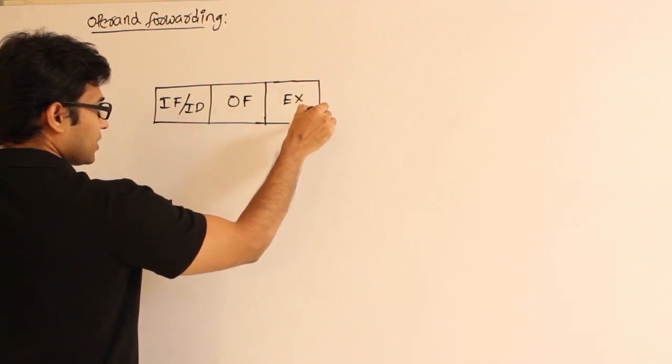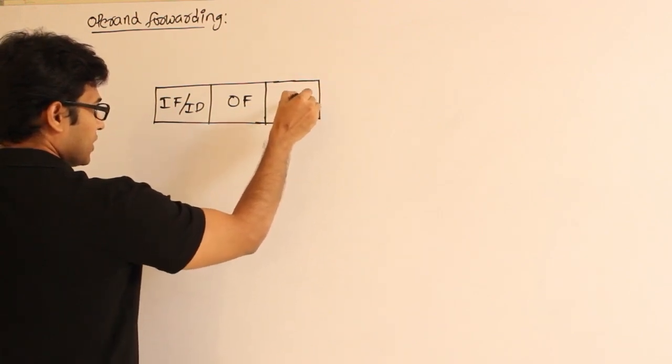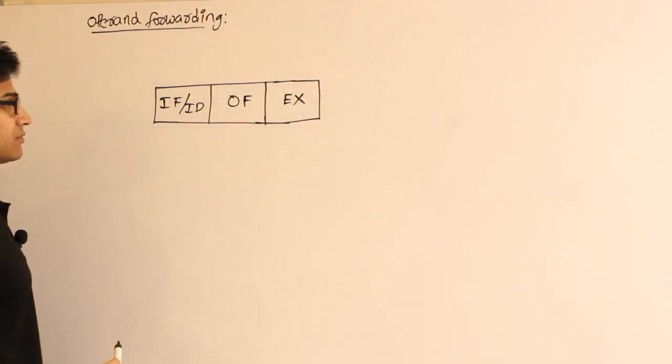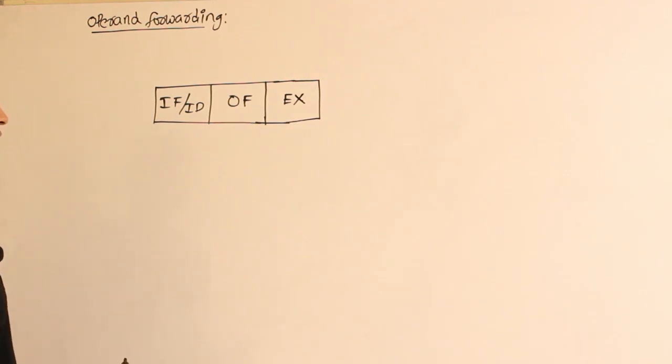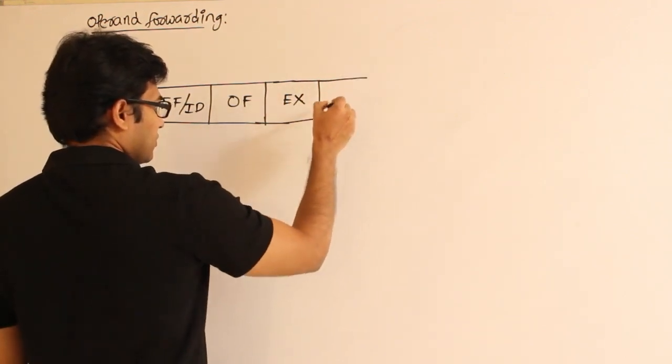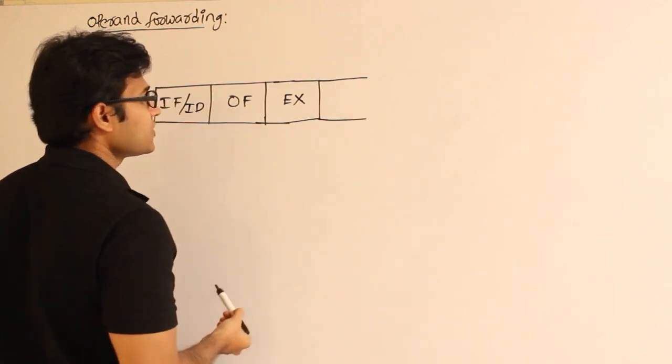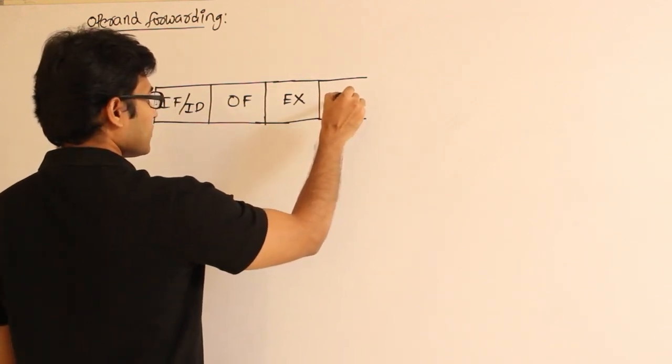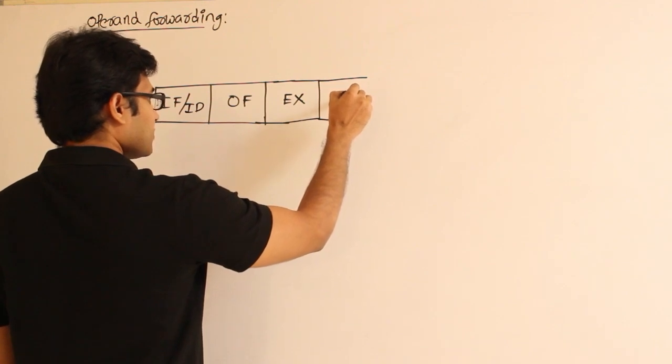Now whenever the instruction is being executed, the final result we get after execution will be stored into a temporary register. And after this execution, if there are any memory reference instructions, they will be executed in this phase, right? Let us say it is memory reference.